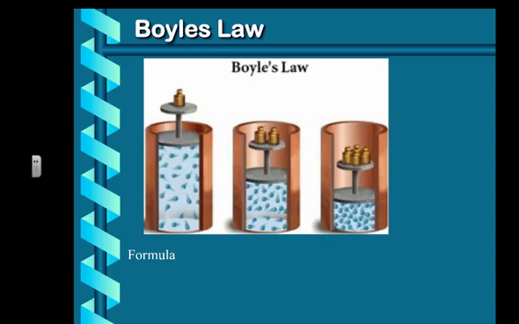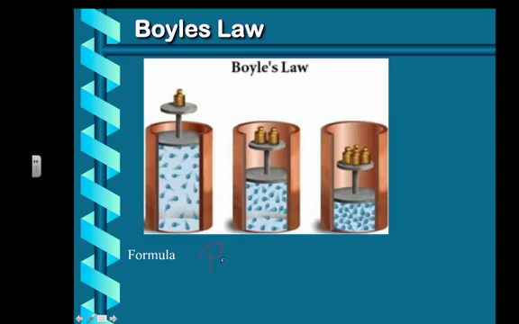So I want you to write down the mathematical formula that Boyle came up with for this, and later I'm going to show you just one formula to keep track of all the formulas. So just write this down. I want you to be familiar with it just in case you see it.